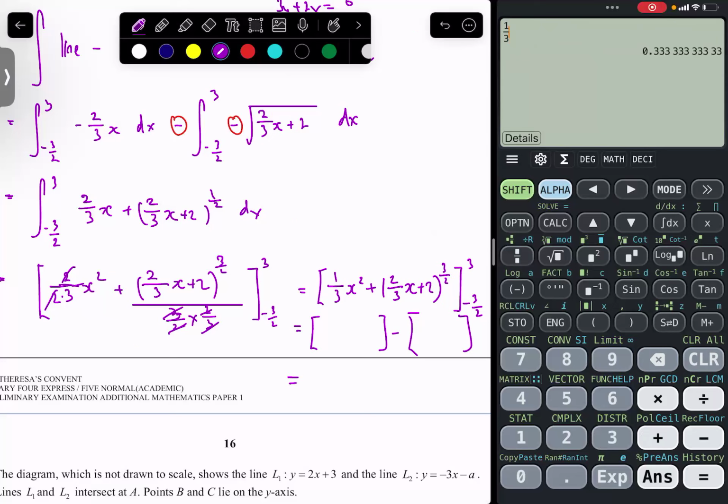1/3 times 3 squared plus (2/3 times 3 plus 2) to the power of 3 over 2.